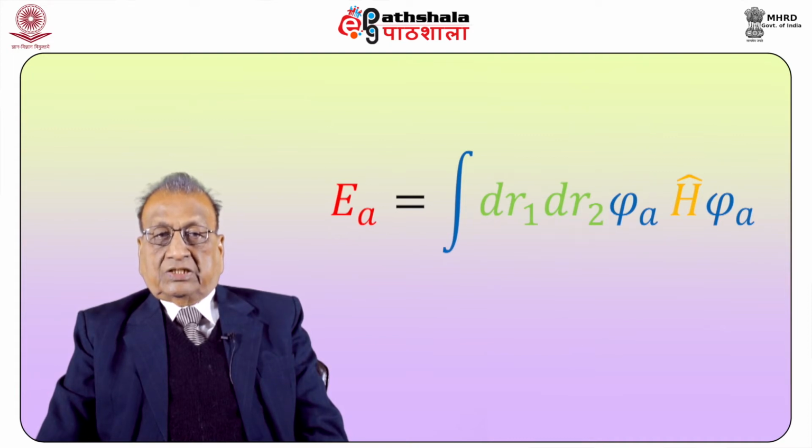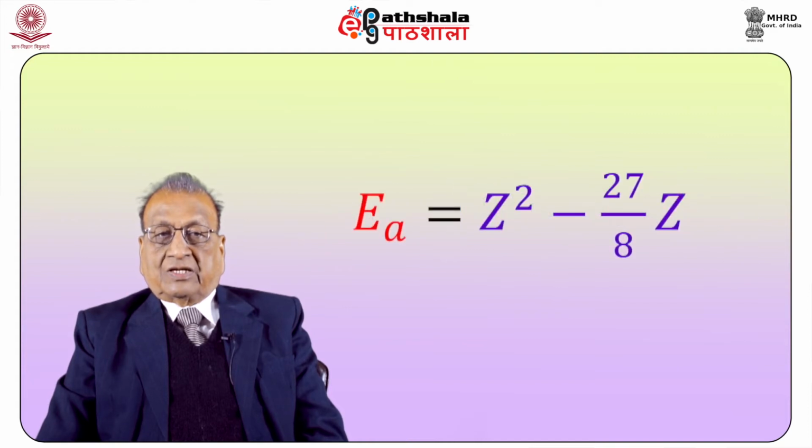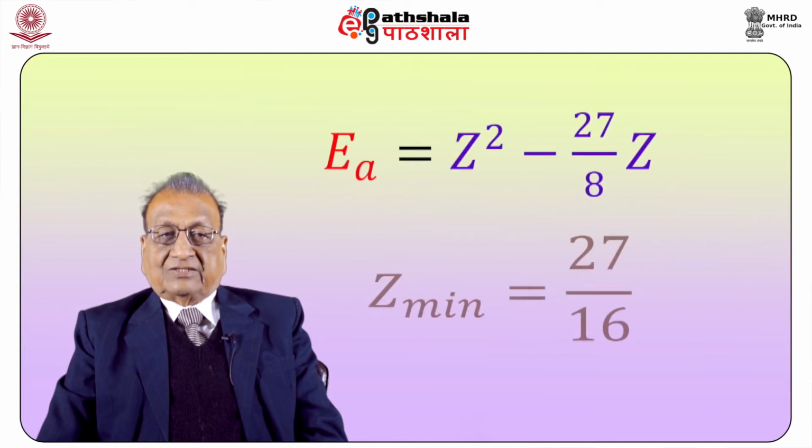This gives us E equal to z square minus 27/8 of z. Now, minimizing the energy with respect to z, differentiating this with respect to z and then putting that equal to 0 gives us z equal to 27 over 16. That is, the charge of the nucleus is reduced from 2 to 27 over 16.